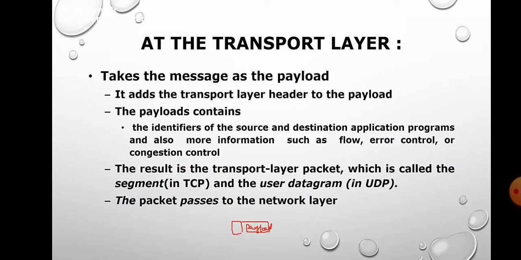Suppose this is the payload, it will add its own header information, for example 4 for the transport layer, and the header contains the identifiers of the source as well as destination application programs. Also, some additional information in order to perform flow control, error control, or congestion control.